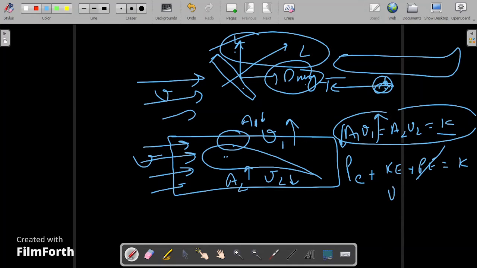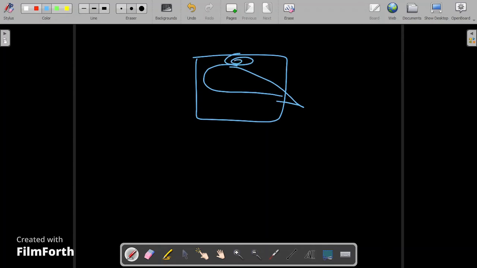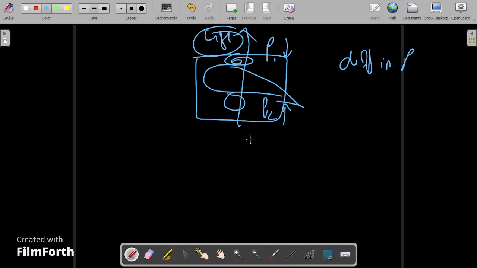However, the kinetic energy, the velocity which is increased, reduces the pressure at the upward side, because you have to keep the sum of all the energy constant. So in an aerofoil, the area at the top is less, so the pressure is reduced at the top, and because of the difference in pressure, there is a force which will act on the upward side. That is how this upward force, known as lift force, is generated.